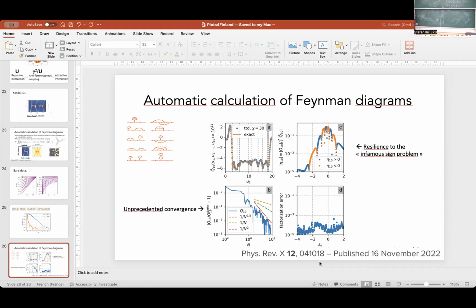And then you need to do several things. First, you need to calculate the average of the energy. And here, essentially, you have all these terms. You have n to the 4 terms.